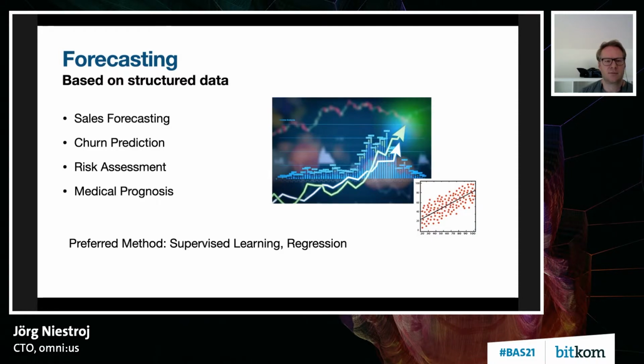These are all cases where you try to predict the future, and you do it often based on structured data, so numbers or other information, booleans in the data warehouse or in your databases. And the method is regression. Often you choose regression for that, and this is that area of supervised learning methods. So if you have a use case in that area, you can choose regression, and then you can start to think about the amount of data.